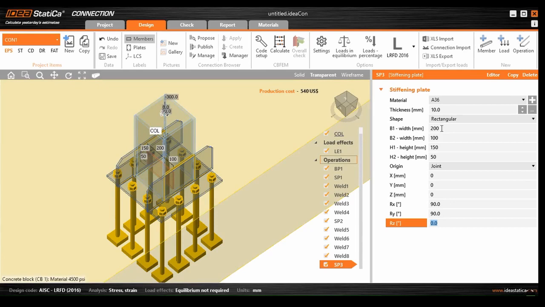So 135, 300 and 0, and change the Y value to minus 185.